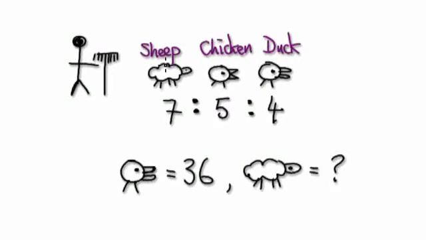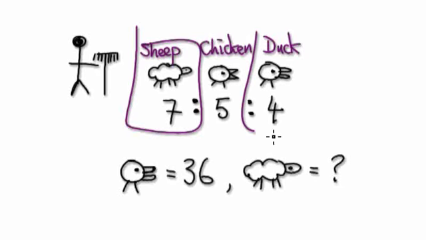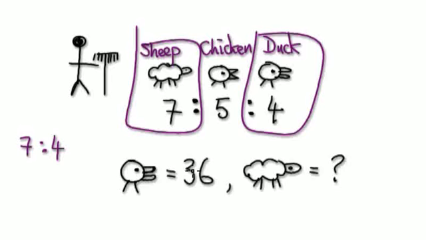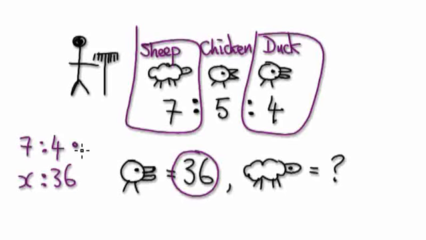Okay, so here the ratio of sheep to ducks is given by 7 to 4. So maybe you could write something like this: 7, 4. Now you're given the number of ducks is 36. So now it's a matter of you finding out x. You want to jump into the x. What's that magical number that we need to times by so that when we start at 4, we will jump to the 36, because we want to start at 7 and jump into the x.